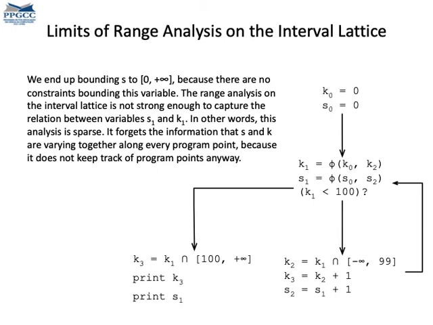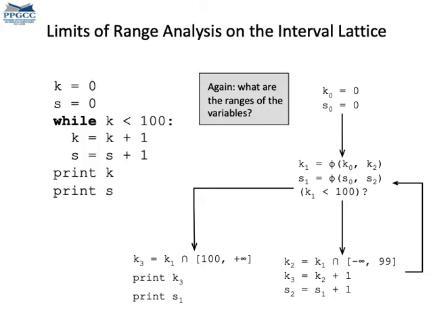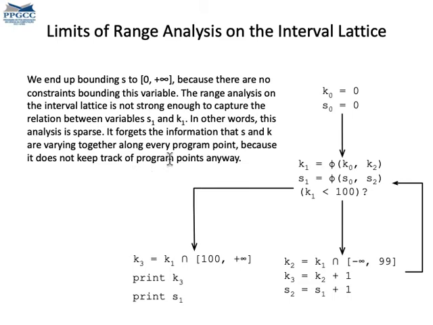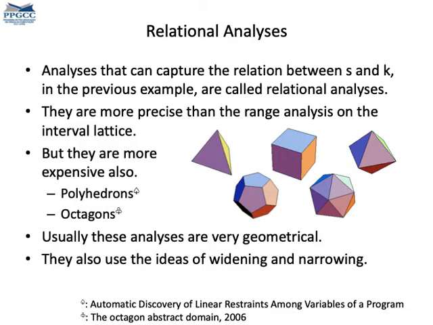But well, in this example, we end up assigning the range 0 plus infinite to s. That's unfortunate because s clearly has the same range as variable k. If we come back here, s and k, they're growing together. However, we have a condition bound in the range of k and no condition bound in the range of s.